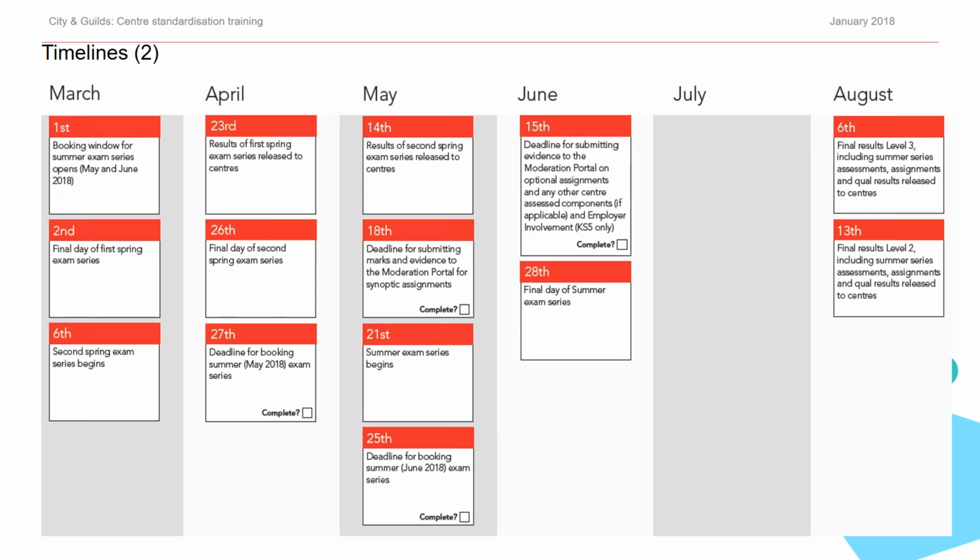So it's important that although some of you may be going on into July in your delivery, that you have set aside enough time for candidates to complete their assignments and then for you to mark it and then carry out some standardization activities. And by the 18th of May for the Synoptic, you've actually placed the evidence for the sample that you need onto that moderation portal.